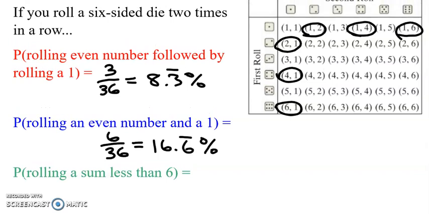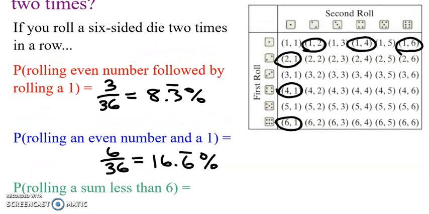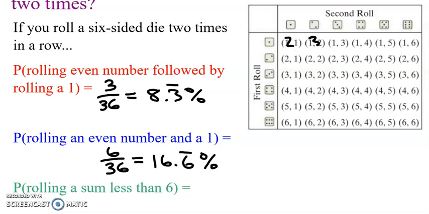So my sample space here does not show sum. You can Google search for a sample space that shows you the sum, but I see this is 2 here, this is 3, and I can just keep going, but I want anything less than 6. Well, I'm almost done, so I'll just keep going here.